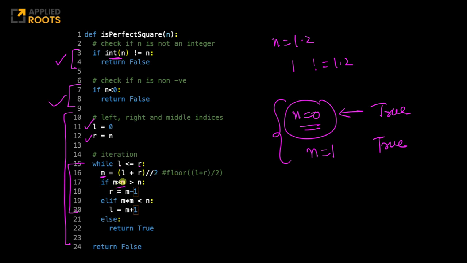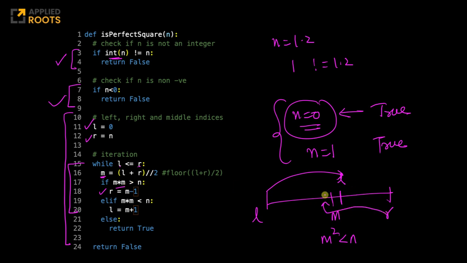Then you check: if m square is less than n, then you change your L. If your m square is greater than n, you change your right index to m minus 1. That's it. Again, you're just halving it. Whatever logic you already know in binary search, you're just implementing it carefully.